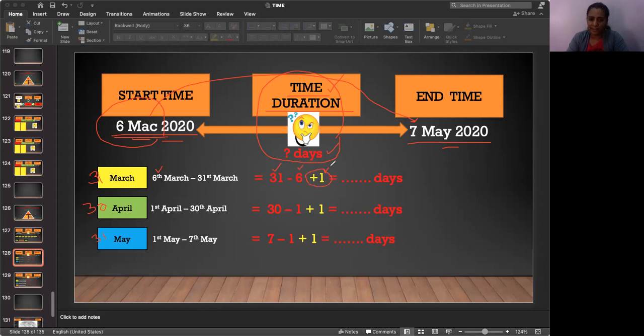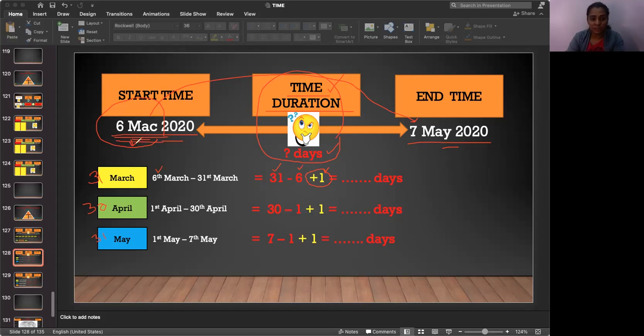Why do we add 1? Because we include this date as well. We include the 6th of March as a day. For example, a sale started on 6th March. Wouldn't it be that when the shop opened on 6th March, the sale already started?